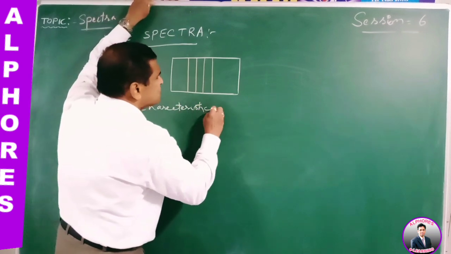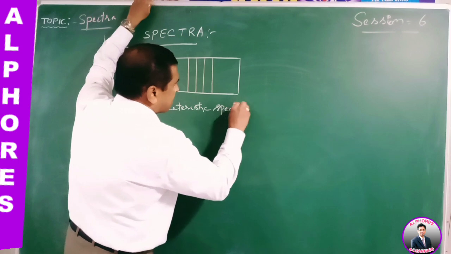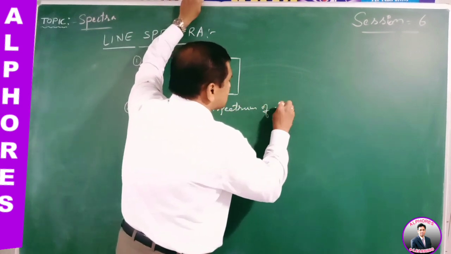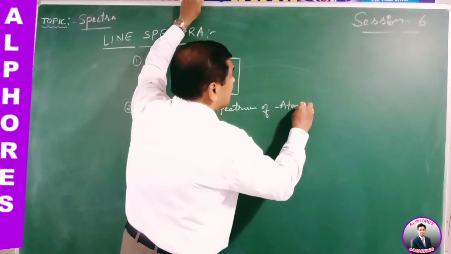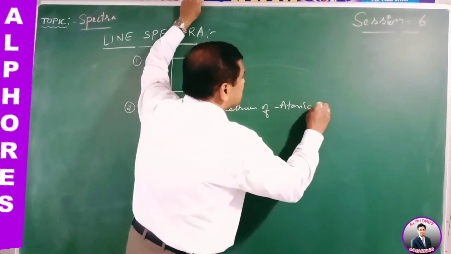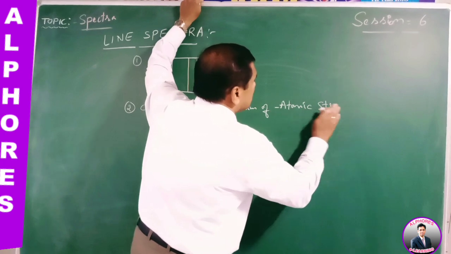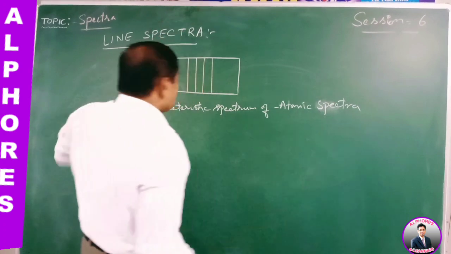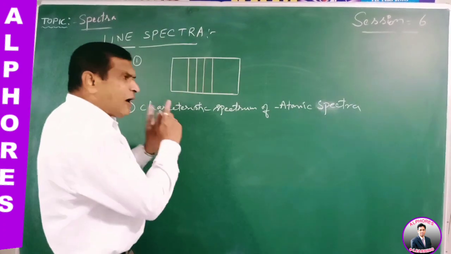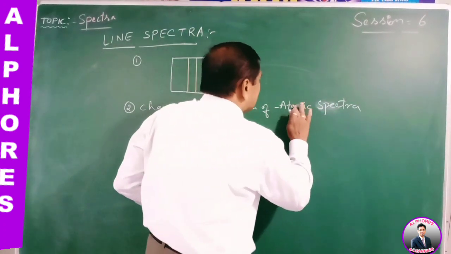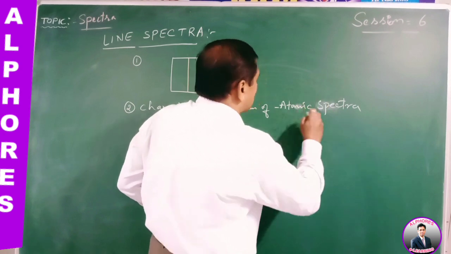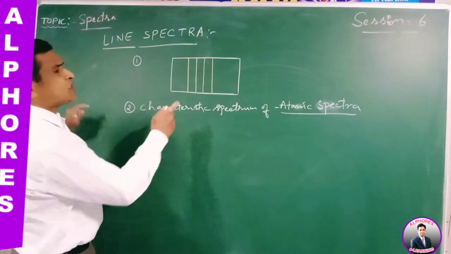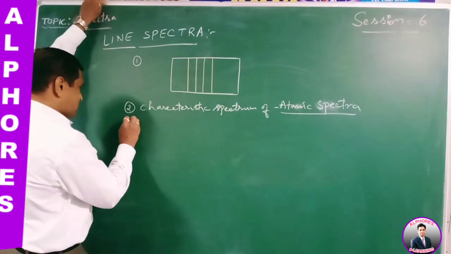Therefore, it is called atomic spectra. Line spectra is also called atomic spectra because it is formed by the atoms.